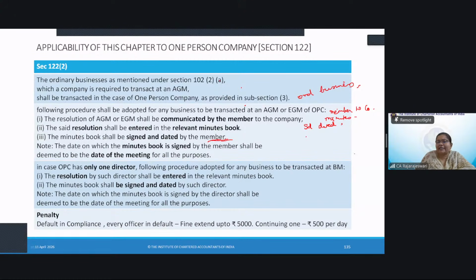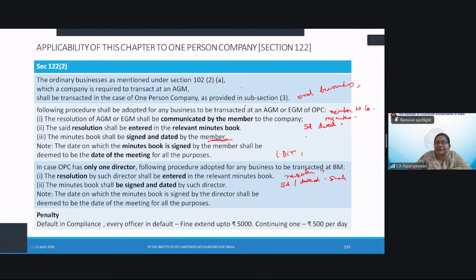Suppose only one director is there. The OPC one person company has got only one director. Then in that case, the resolution can be entered by such director. He should enter it in the minutes book. It should be signed and dated only by that director, by such director.